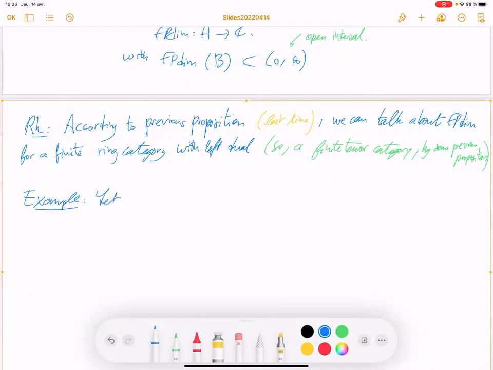You take the category of complex representations of a finite group G.